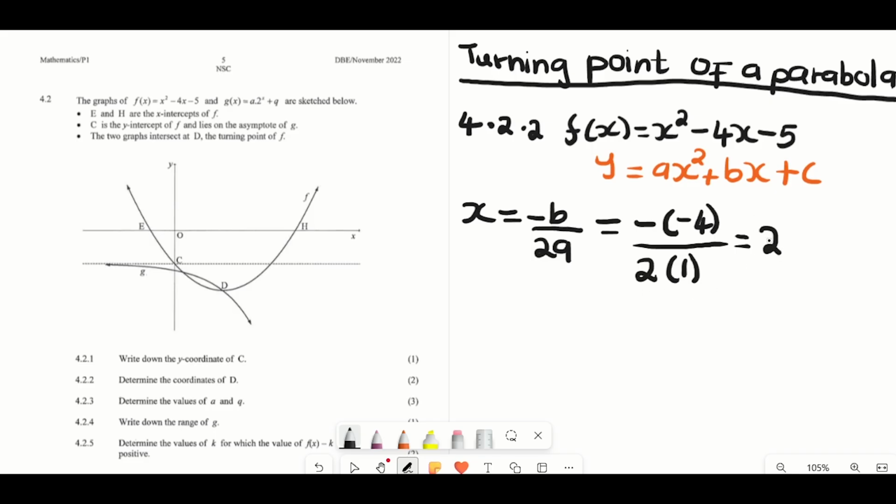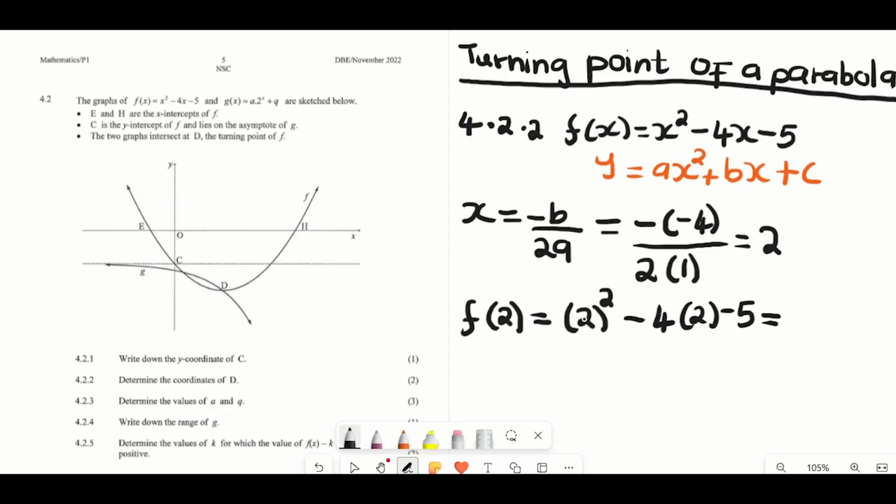Then we take our x value and substitute it wherever we see x in the equation of the parabola. So now we want to know what is the value of y when x is 2. So we have 2 squared, which is 4, minus 4 times 2 is 8.